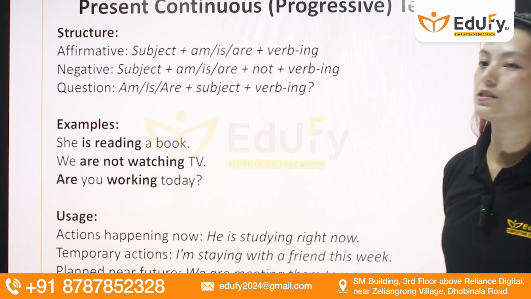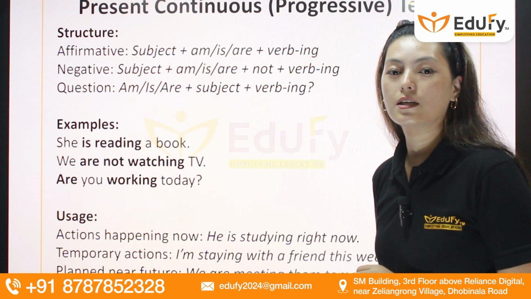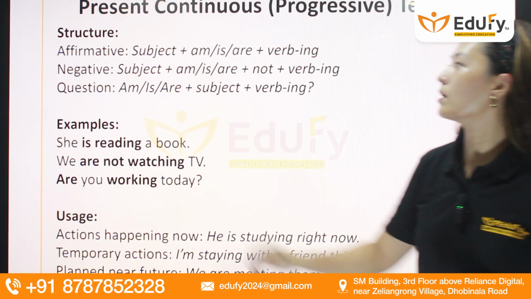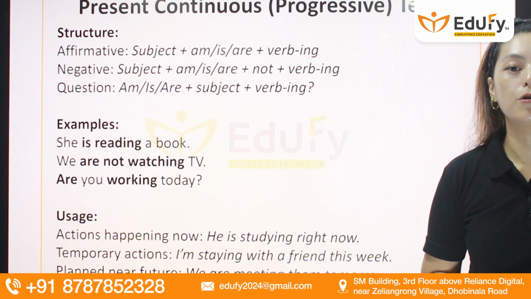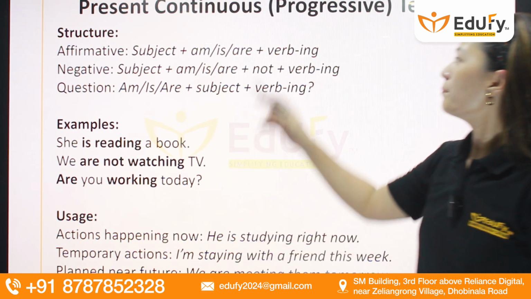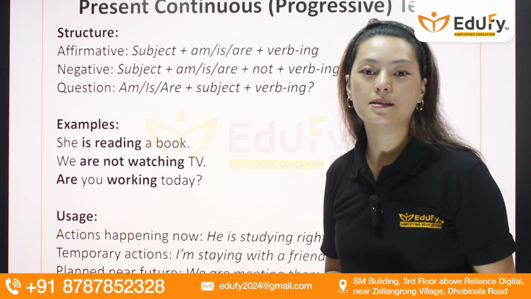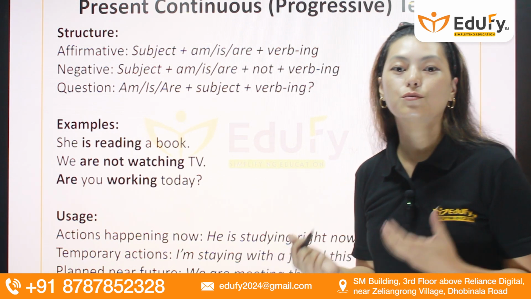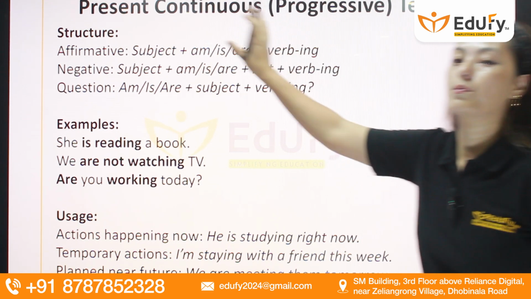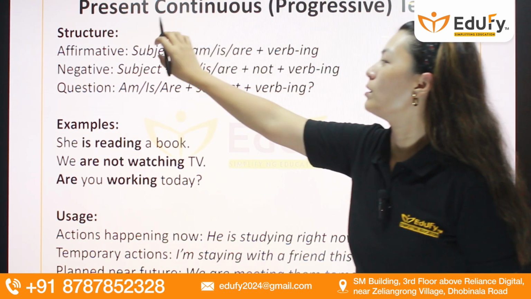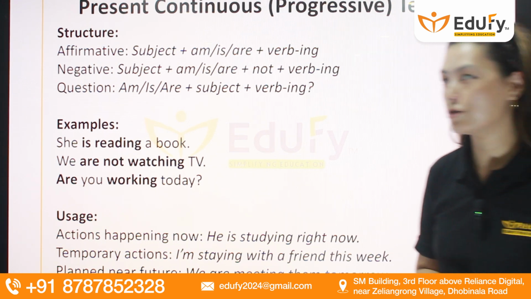If you focus on this, you will see this: am, is, or are. These three auxiliary verbs will be there when we are talking about a present continuous tense, along with the verb in what form? Ing form. Why? Because it is continuing. Playing, singing, dancing, watching, all these action words are continuous words. So therefore, whenever I say present continuous tense, it will come along with the subject plus is, am, or are plus the verb in ing form.